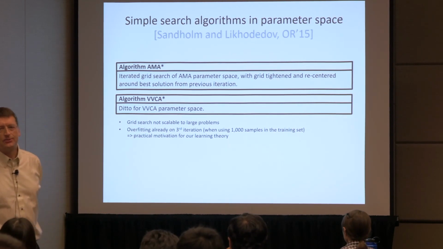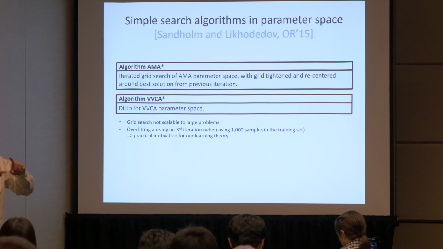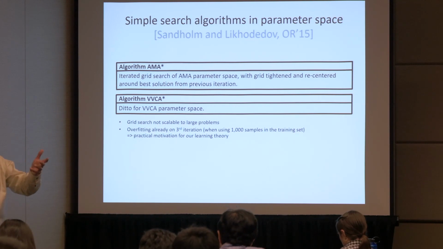Yeah, so if you think about the lambdas, how many lambdas are there? There is one lambda for every possible allocation. So in the grid search, the number of dimensions is equal to the number of allocations. So what's the number of allocations?